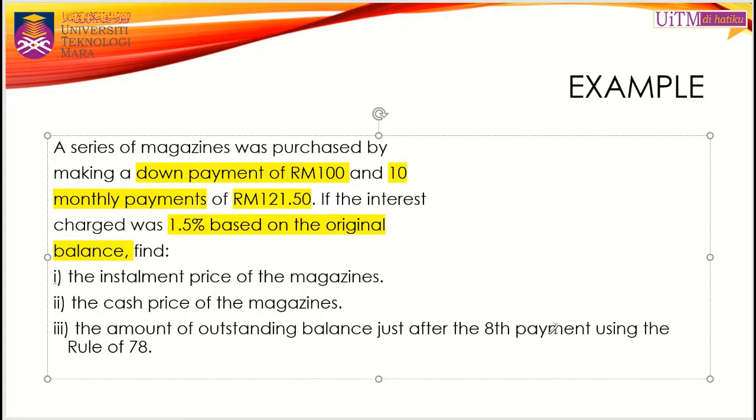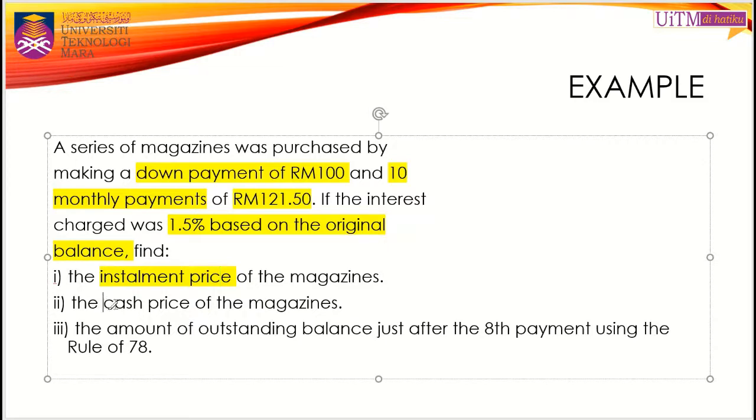When you have the interest based on the original balance, whenever you want to calculate the interest amount, you can simply use the simple interest formula, I equal to PRT, but in this case we are going to use B instead of P. The first question asks you to find the installment price.